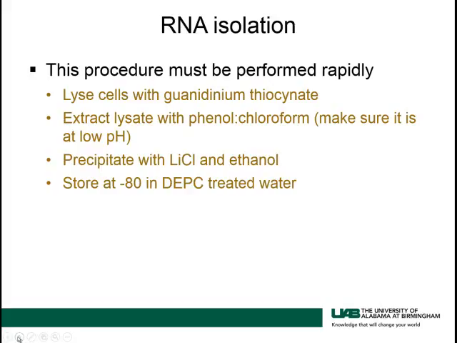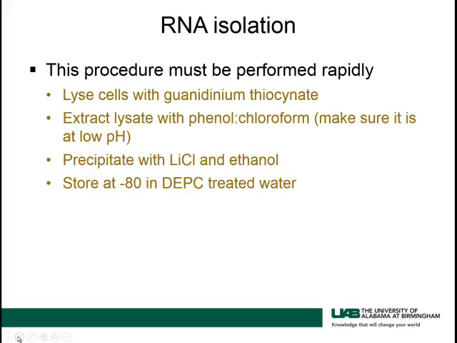Remember, phenol is to denature the proteins and lipids and carbohydrates. The chloroform is to make the phenol heavier, because phenol and water densities are very similar. And isoamyl alcohol is an anti-foam agent that you add to it. But you make sure that the pH of the phenol chloroform solution is low.